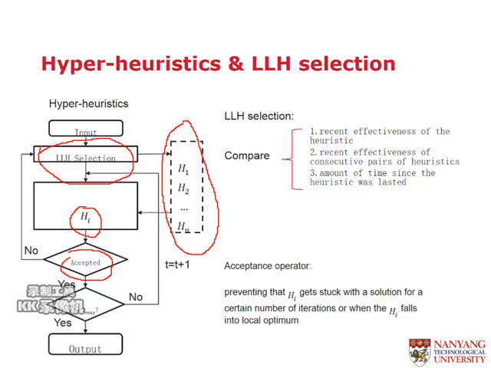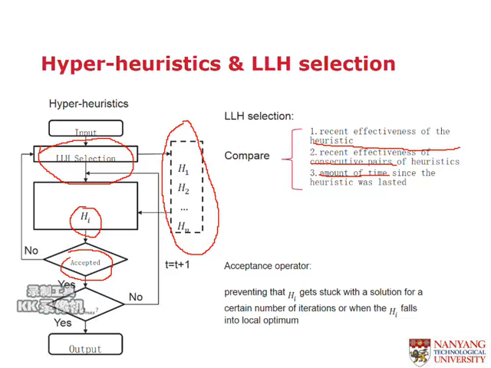LLH selection will take into consideration the recent effectiveness of the heuristic, the recent effectiveness of consecutive pairs of heuristics, and the amount of time since the heuristic was last used.